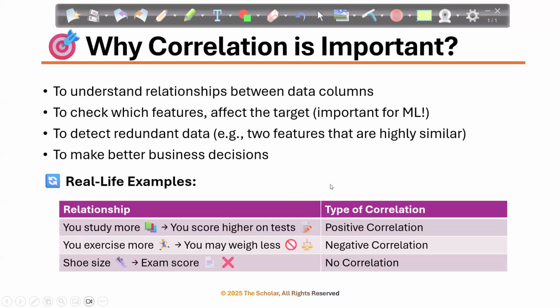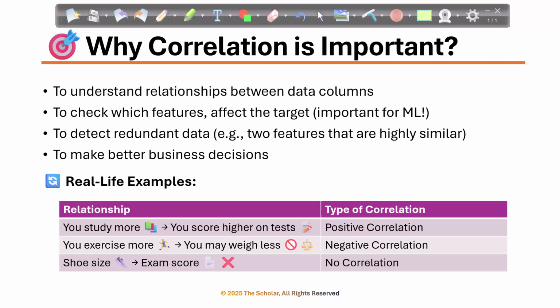So why is correlation important? First of all, suppose I want to do some predictions or find some relationships. In that case, it is very important to understand the relationship between two or more data columns, to check which features affect the target. Suppose I am creating a machine learning model to predict the house price based on the area of the house.